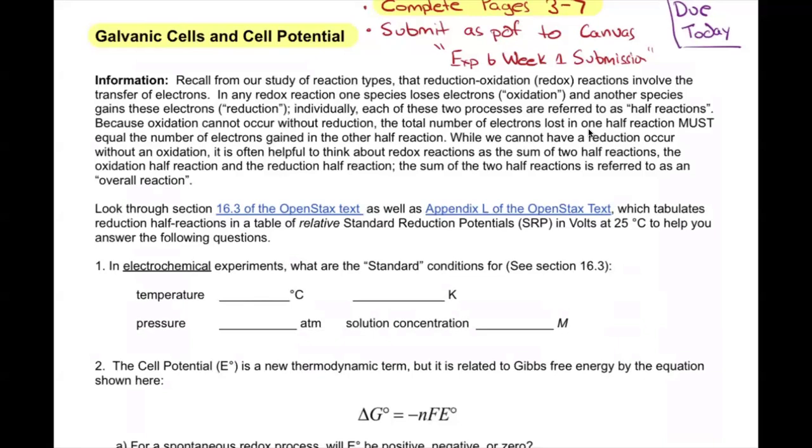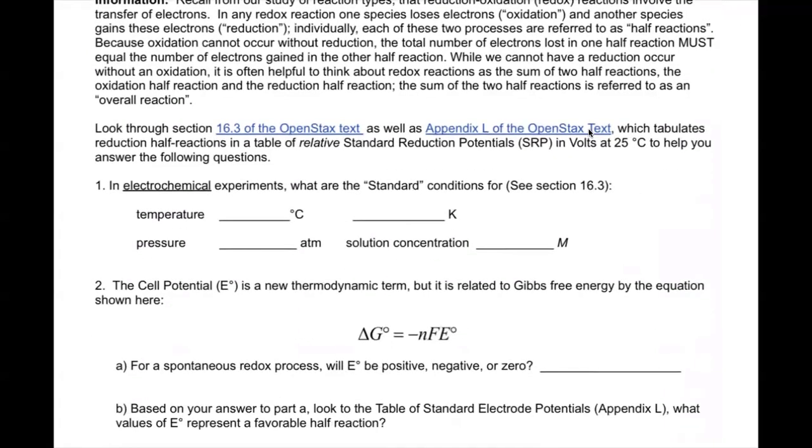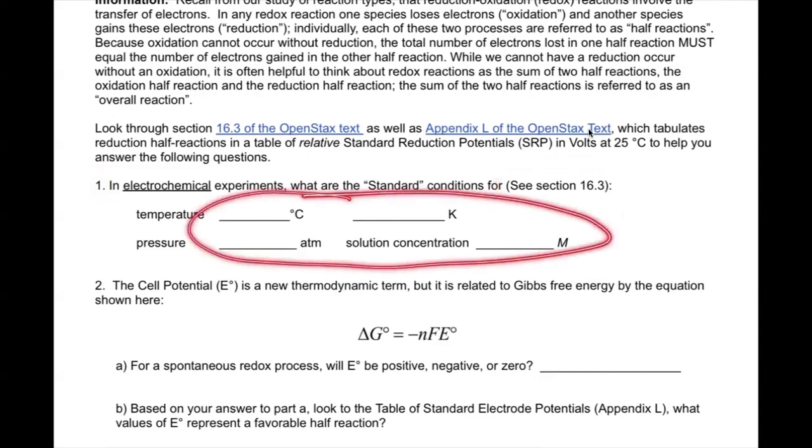Okay, let's walk through this. In question 1, you're asked to figure out what the standard conditions are for our electrochemical cells. You can find that by going to section 16.3 of your textbook, and then you can fill in the relevant information in these blank spaces.